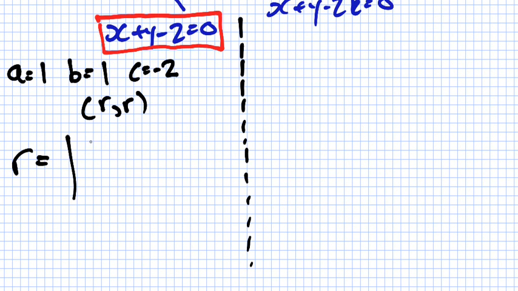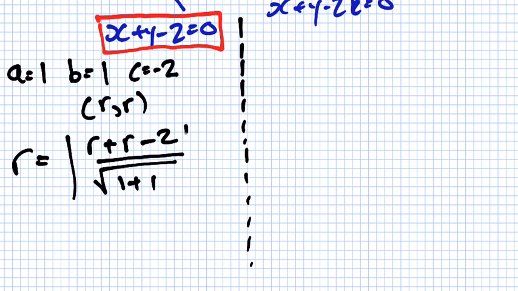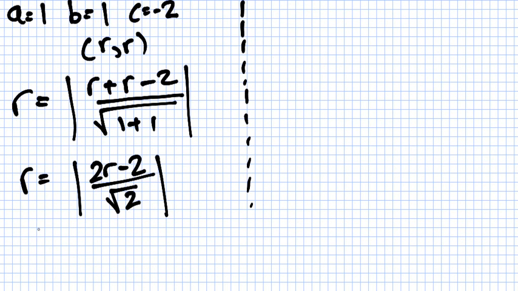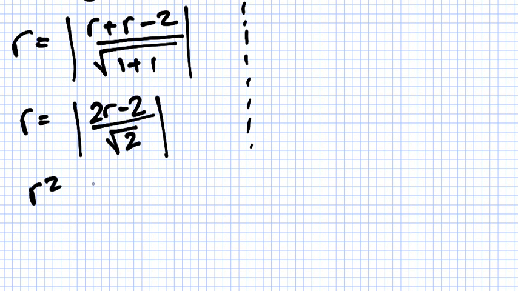That is absolute AX, so 1r, plus BY, 1r, plus C, minus 2, all over square root A squared, which is 1, plus B squared, which is 1. So I get r equals absolute 2r minus 2 over root 2. So if I square everything, I'd get r squared equals, I suppose I could have taken the 2 out as well here.